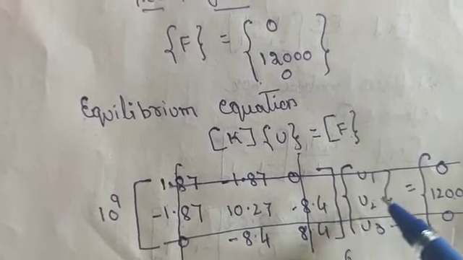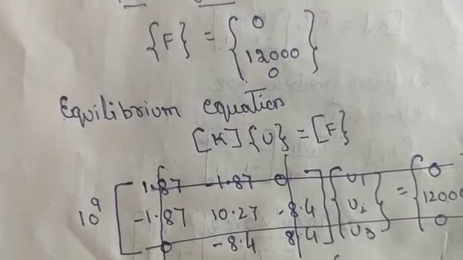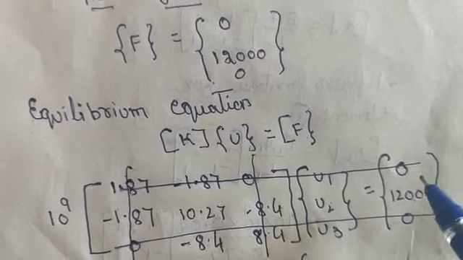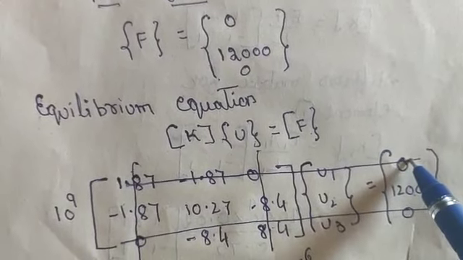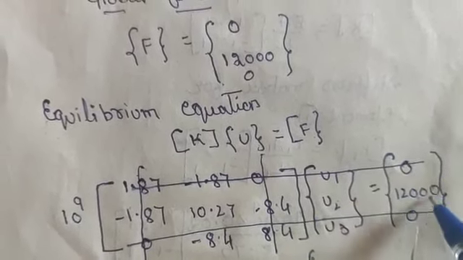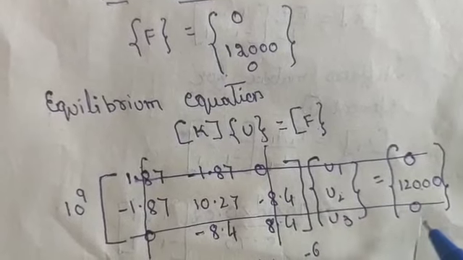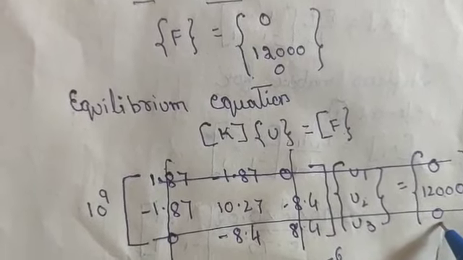U1, U2, U3 will be the nodal displacements. The force vector is 0, no load applied; 12,000 at node 2; again 0, no load applied.